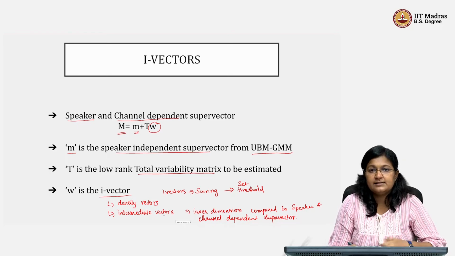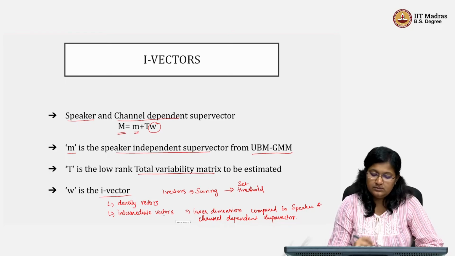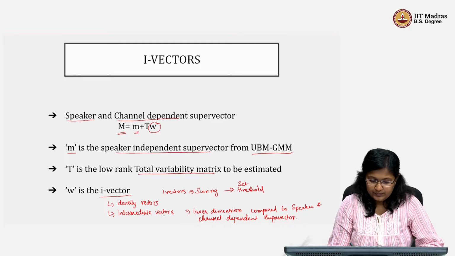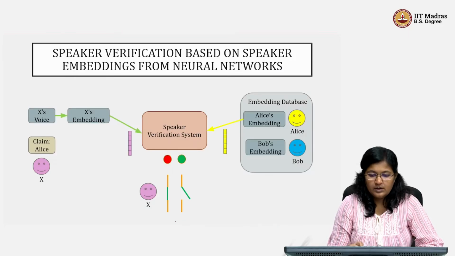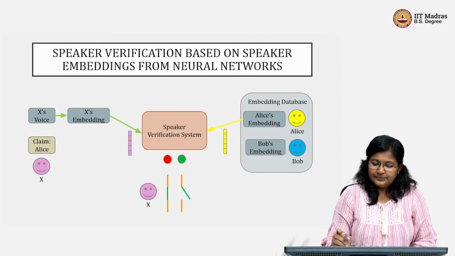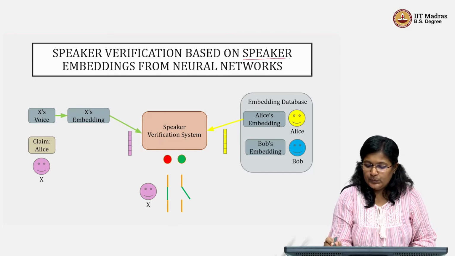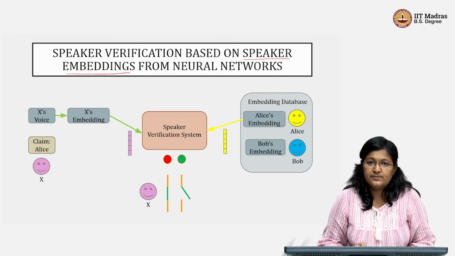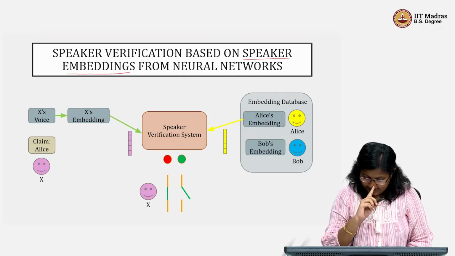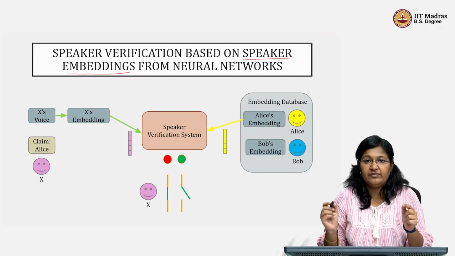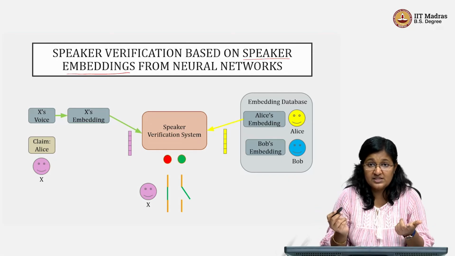And as neural networks caught on, newer techniques came into the picture. With neural networks, people tried to tap some embeddings, and those embeddings were used for speaker verification. It is advantageous in one way because I'm going to perform verification on the embeddings, not on the speech directly.